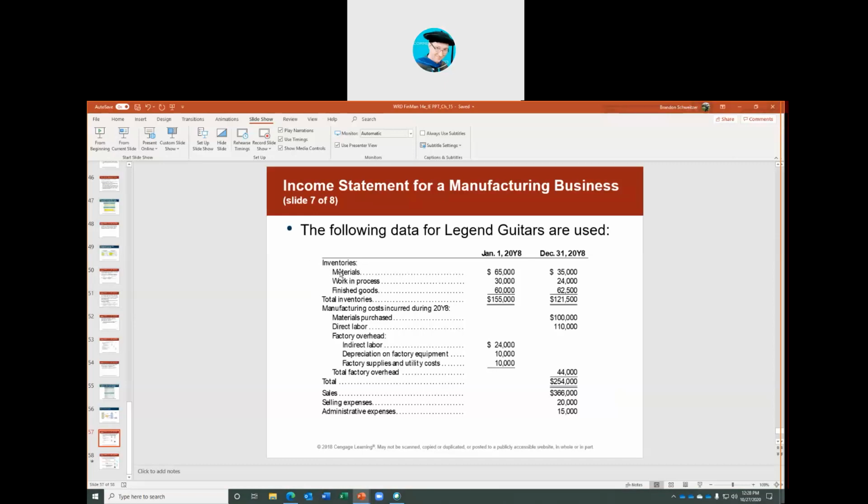When I subtract from materials inventory, I'm taking it out of materials inventory and putting it into work in process. So I'm subtracting it when I'm using it. All I'm doing is transferring it from raw materials to work in process. That's when I add it to work in process.